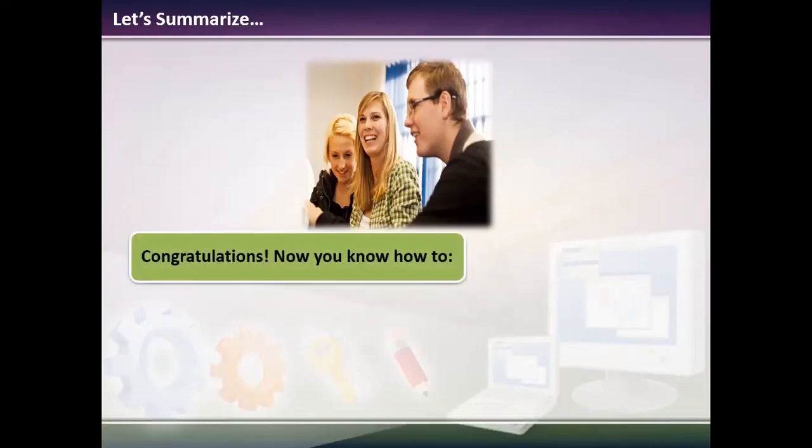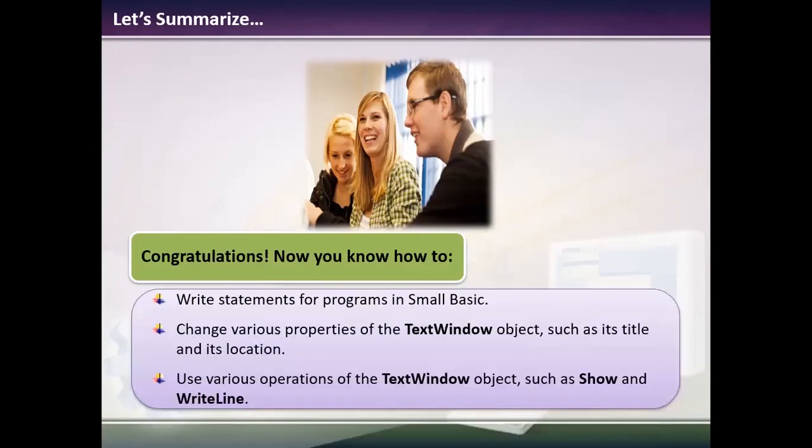Finally, after this session you may know the statements for programs in Small Basic: change various properties of the TextWindow object such as title and location, and use various operations of the TextWindow object such as Show, Write, WriteLine, like this.